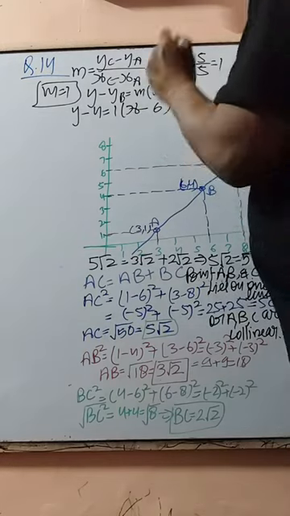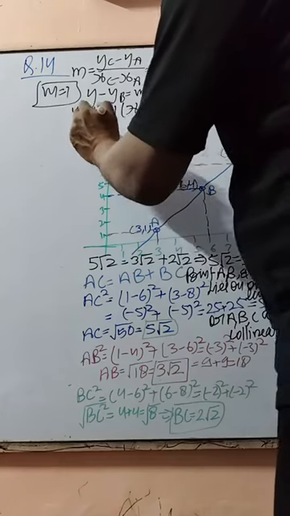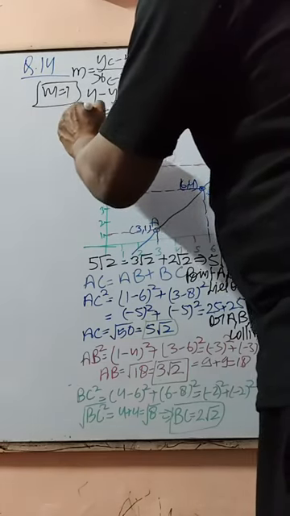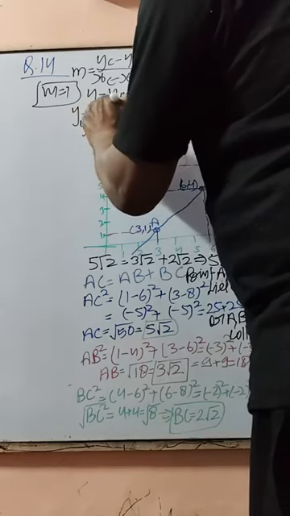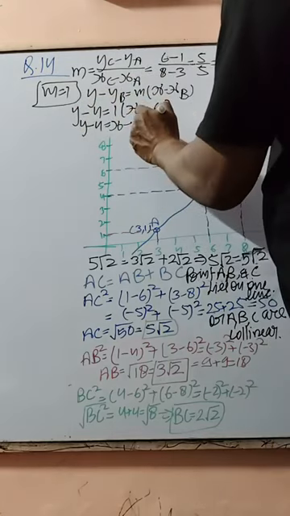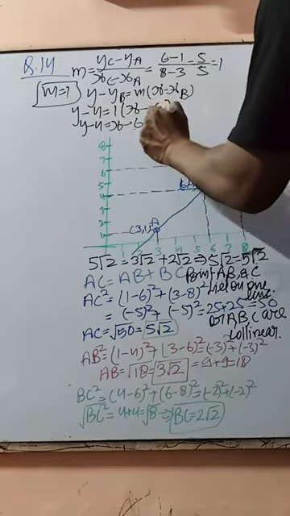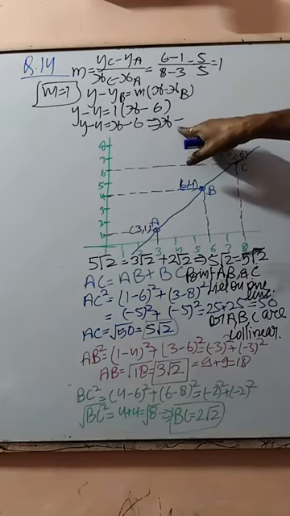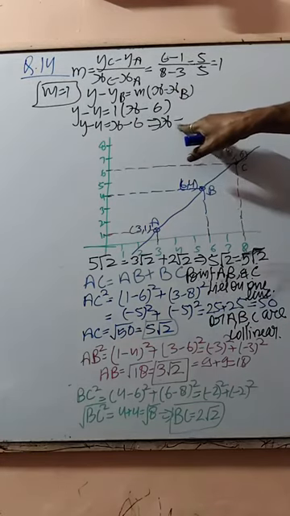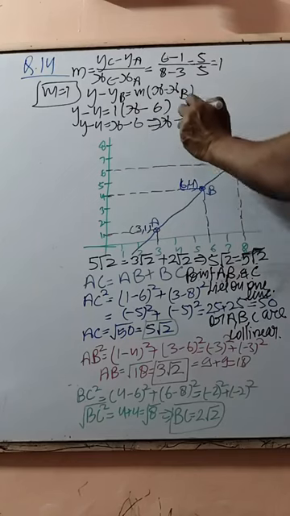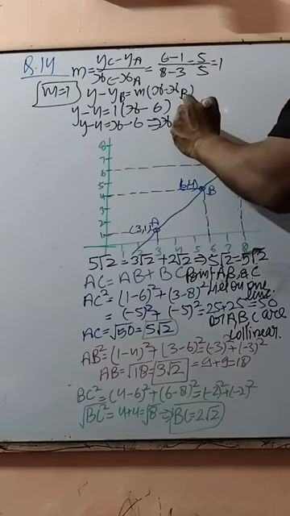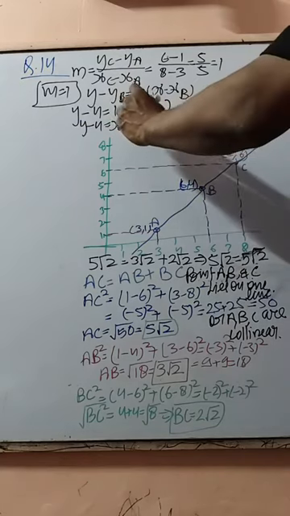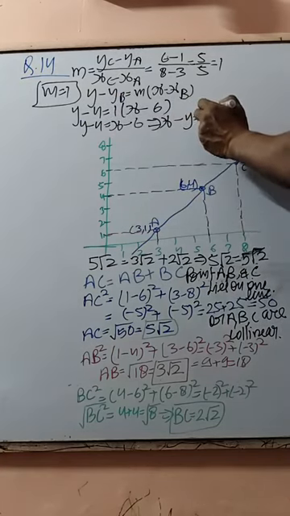So now we get y minus 4 is equal to x minus 6. So we can write x minus y is equal to 6 minus 4, which becomes 2.